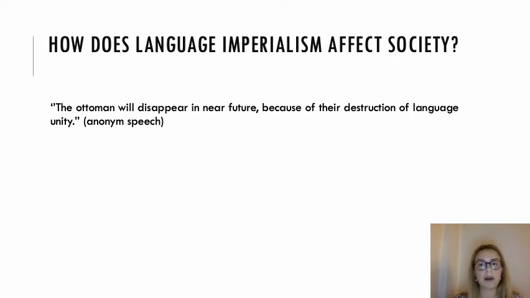In the Ottoman Empire, the elite spoke Persian and Arabic, and the public spoke Turkish. The destruction of unity within the country begins from the language. So, after years, the Ottoman Empire disappeared, and Japan was right because of the destruction of unity in language.